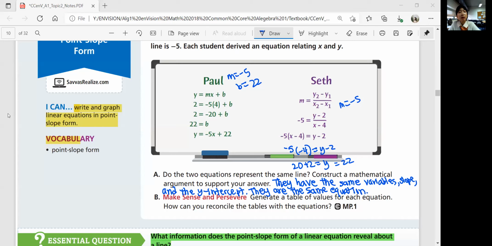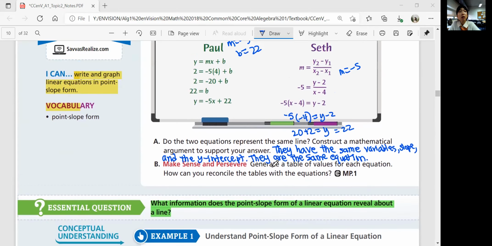Generate a table of values for each equation. How can you reconcile the tables with the equations? Let's make a table. So for Paul, you're going to generate a table of values. If x is 0, if you plug in 0 here, you will get 22.